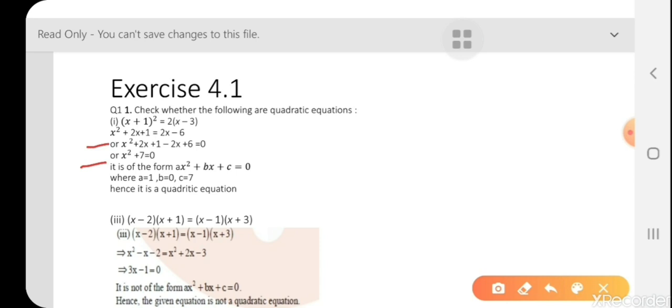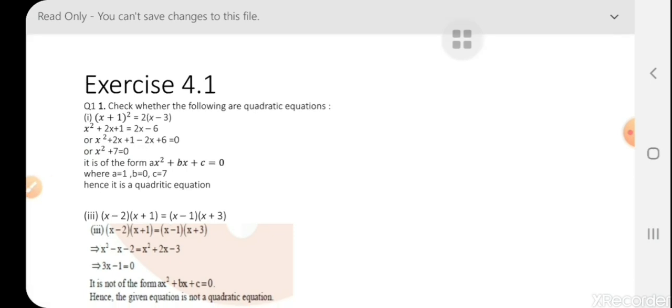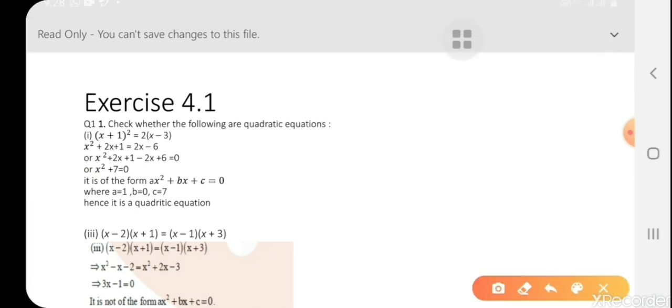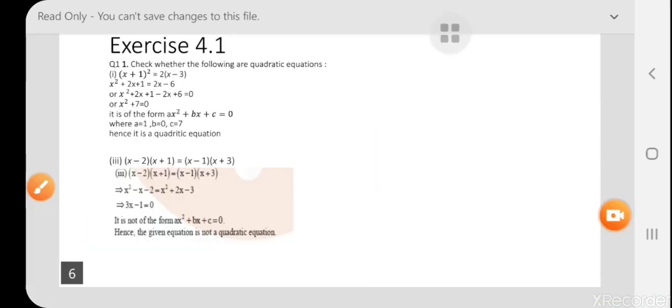Now you have to compare it with the standard equation of quadratic equations, ax square plus bx plus c. It has variable x, that is 1, and the degree is 2, so we can say it is in the form ax square plus bx plus c is equal to 0. So this is a quadratic equation.